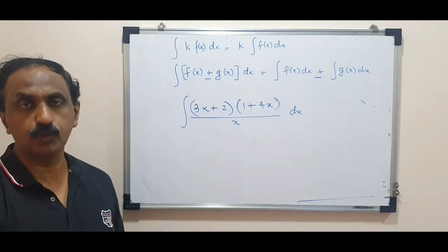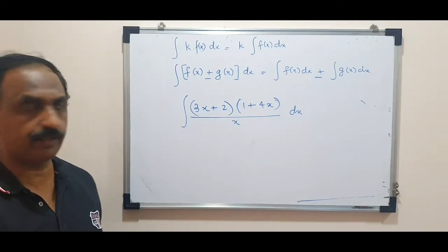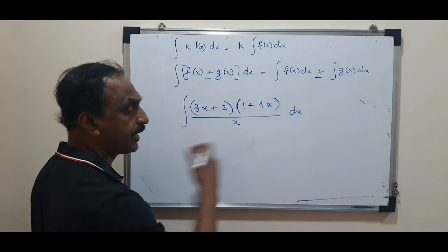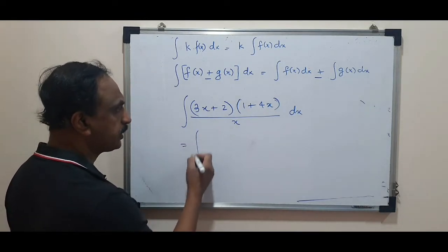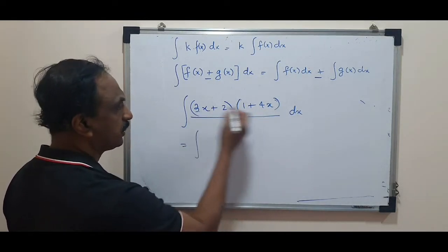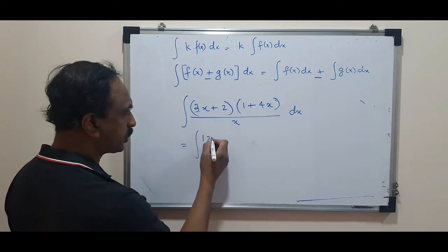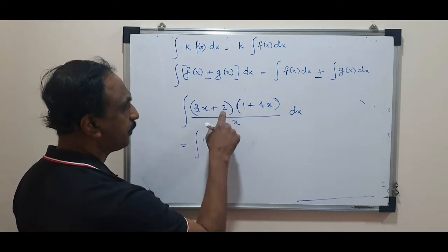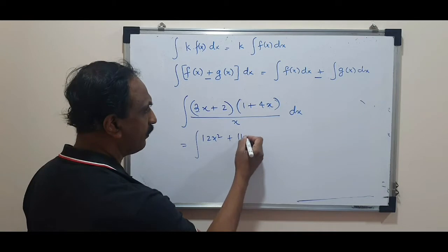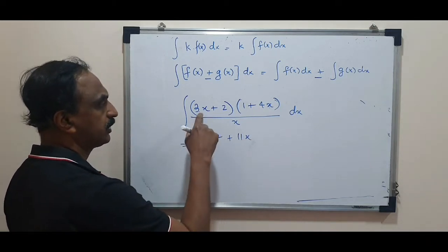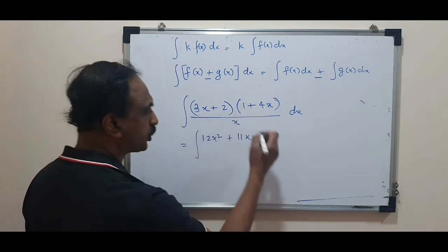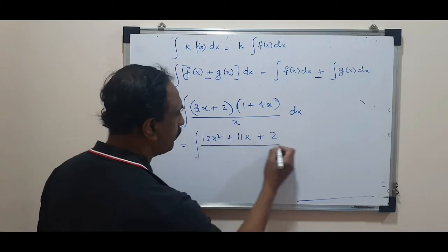We do not have a product rule, and we don't have a division rule like the derivative. So you need to expand and separate. What I'll do is, first I'll open the bracket. 3x into 4x is 12x squared. 3x plus 8x is 11x, plus 2 divided by x.